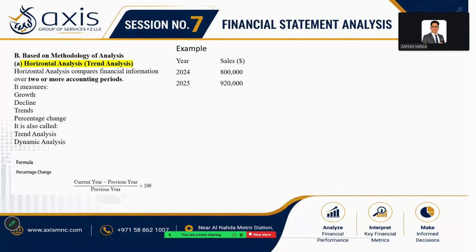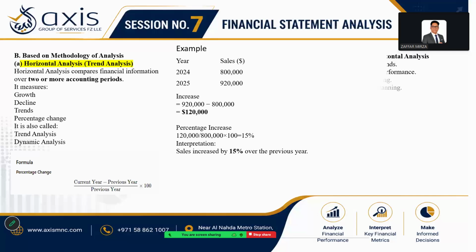Sales in 2025 is 920,000. So sales is increased, right? 920 current year minus previous year, how much? 120. 120 divided by previous year multiplied by 100.